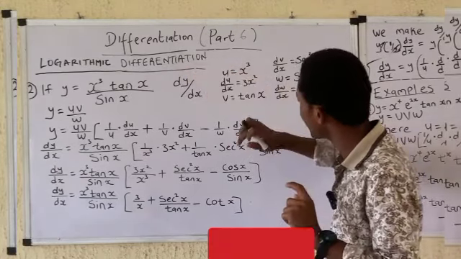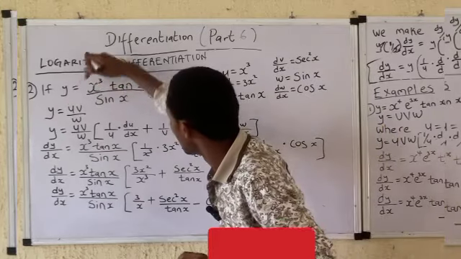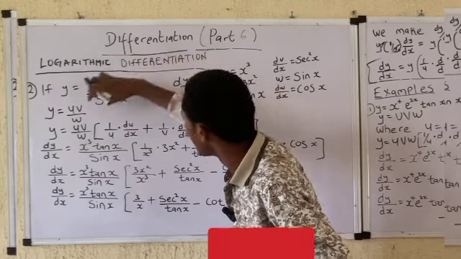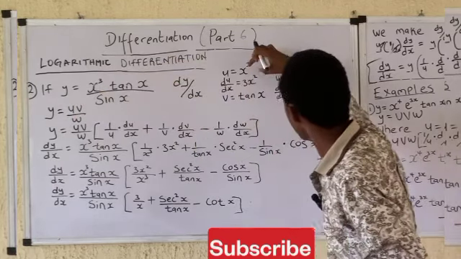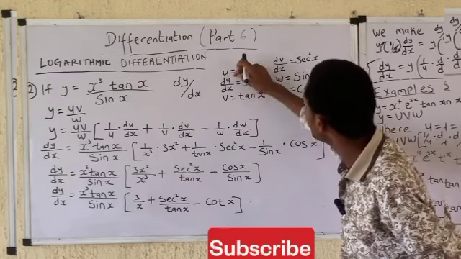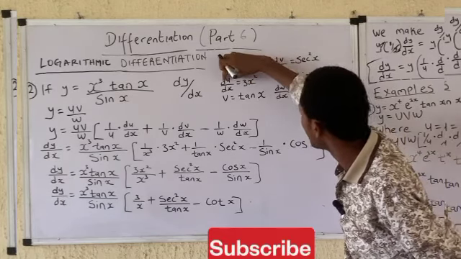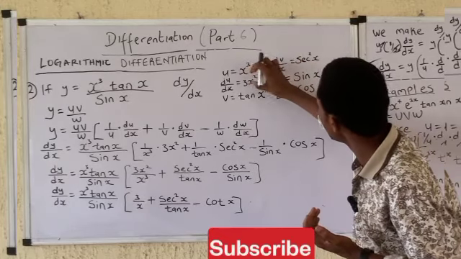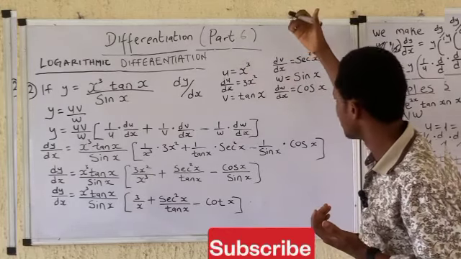Now, we take u as our x raised to the third power, our v as our tan, and our w as our sine. This is how we have it here. Our u is x raised to the third power. Now, du dx, differentiation of u with respect to x, equals 3x raised to the power of 2.